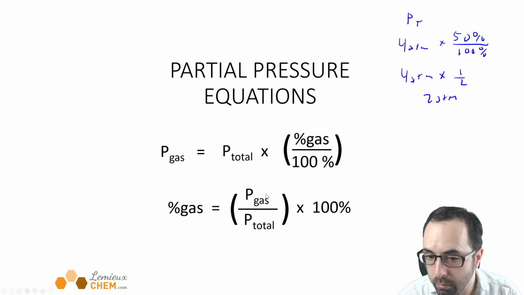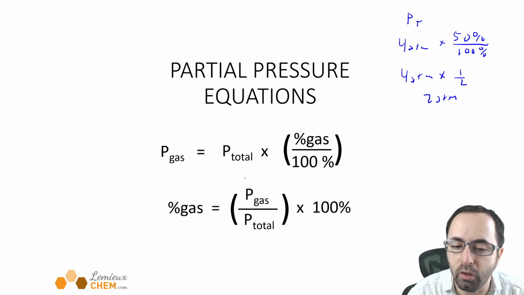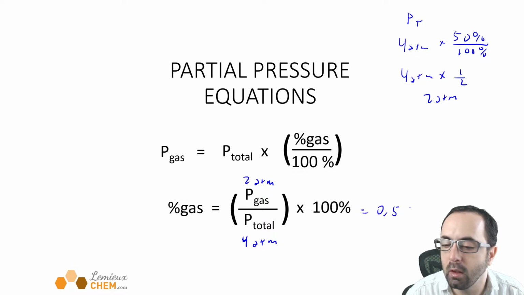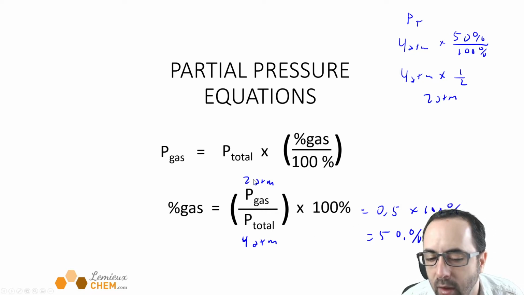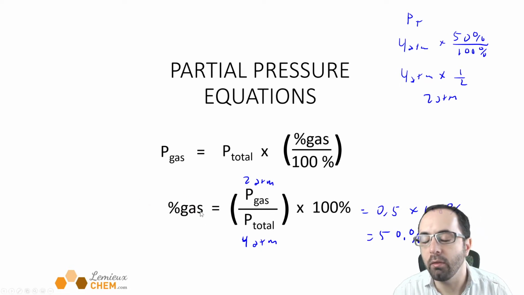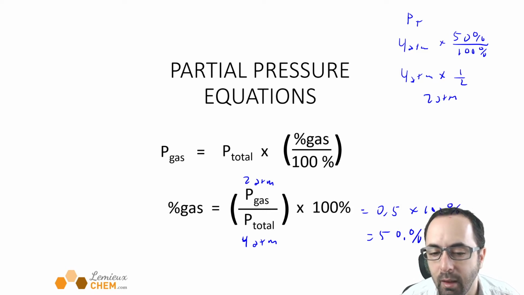So for example, using the same example we had here, if the pressure of one gas is 2 atmospheres and the total pressure is 4 atmospheres, then we get 2 over 4, which is 0.5, times 100%, which would then be 50%. So what this means is that if half of the pressure is due to one particular gas, then half of the molecules in the mixture are that gas. So, another way of saying the same thing.